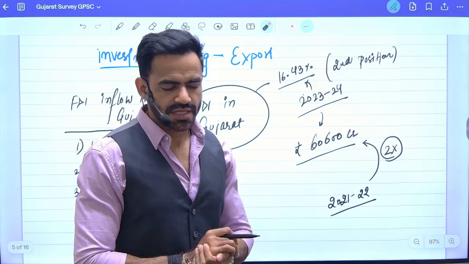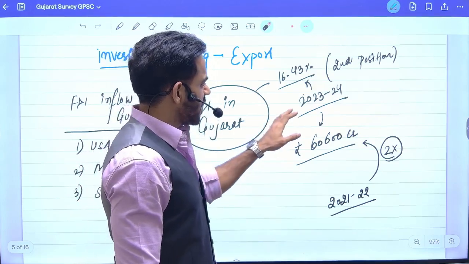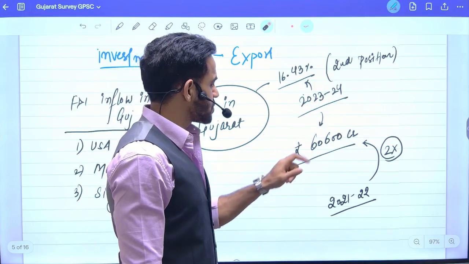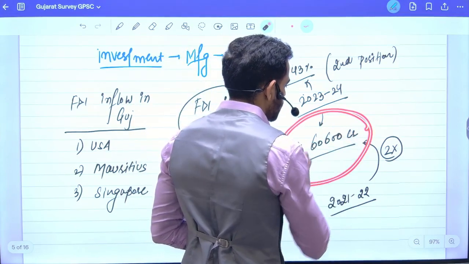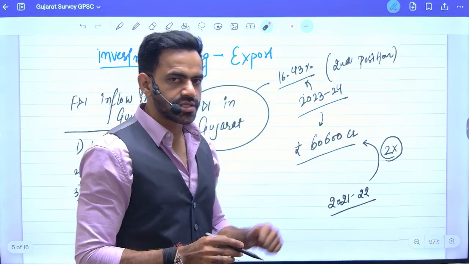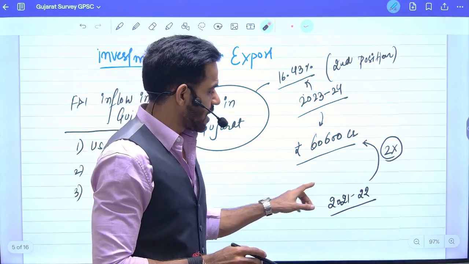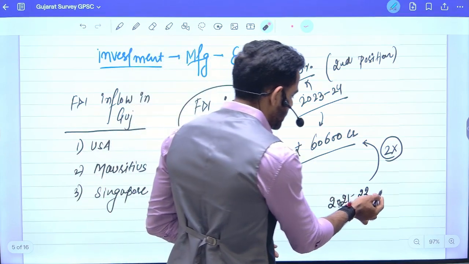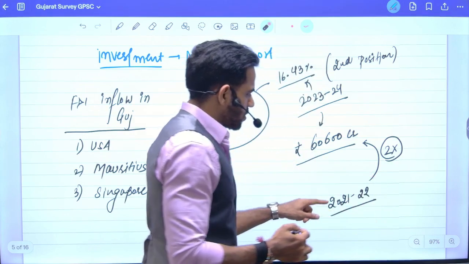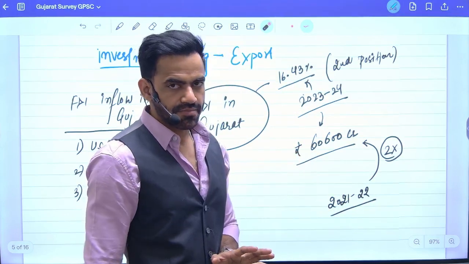Please cross check that. So in 2023-24, Gujarat received roughly 60,600 crore of FDI, which is double what it had received in 2021-22.